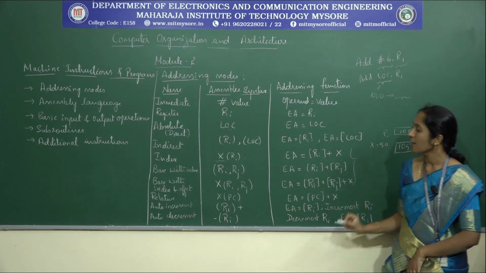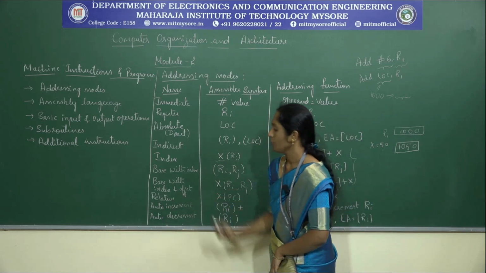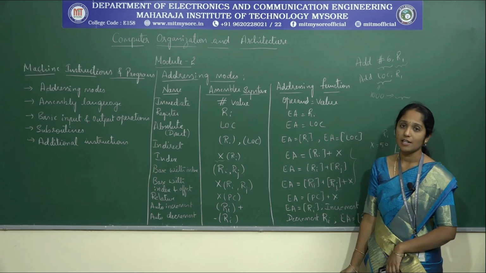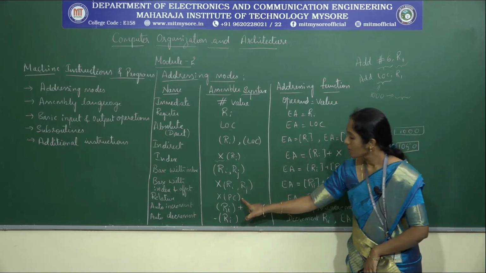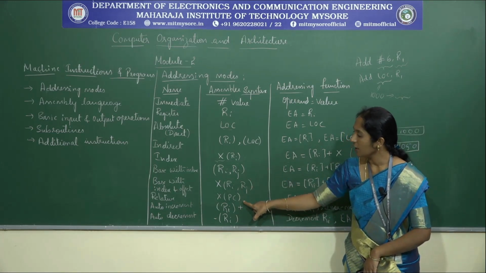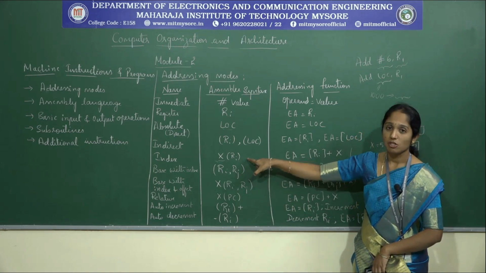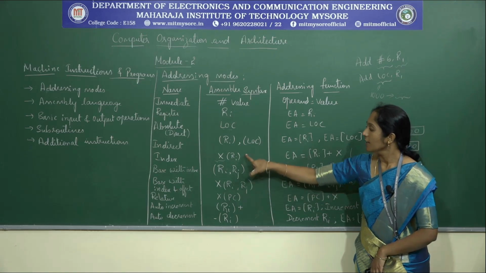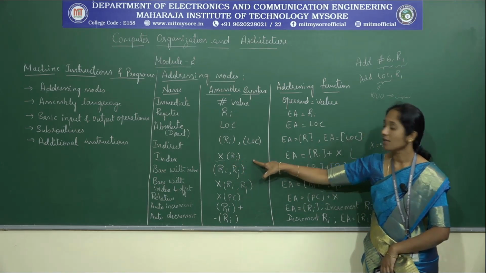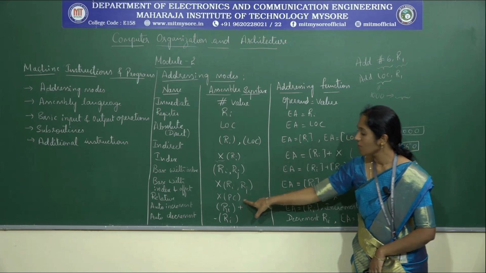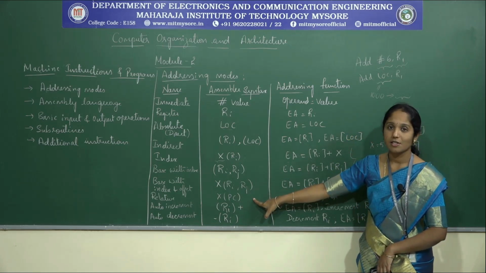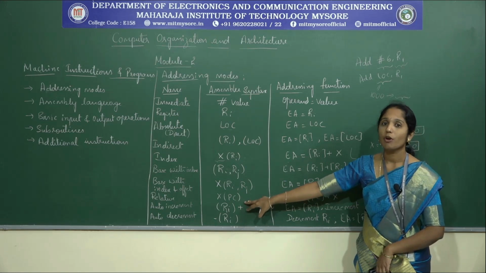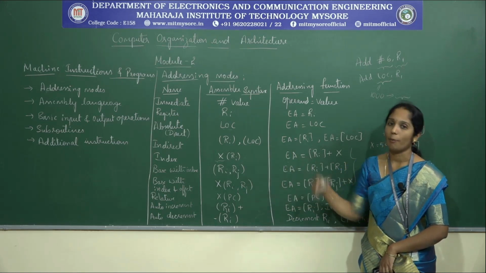There are three variations, and the next is relative. Here we are going to use the contents of PC. If you observe the index type and relative type, here we have X of Ri, here we have X of PC. Here we have used a general purpose register; here we are using a special function register, the program counter, as one of the values for finding the address of the operand.